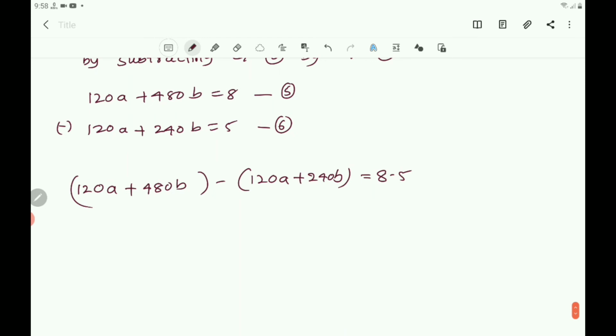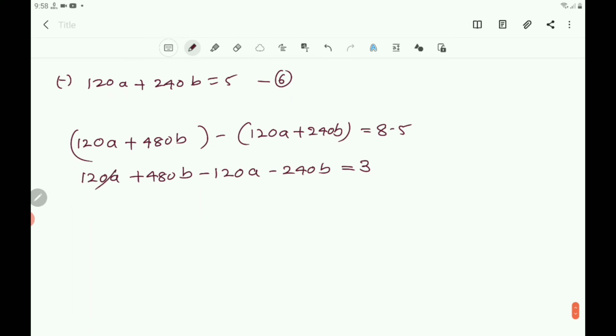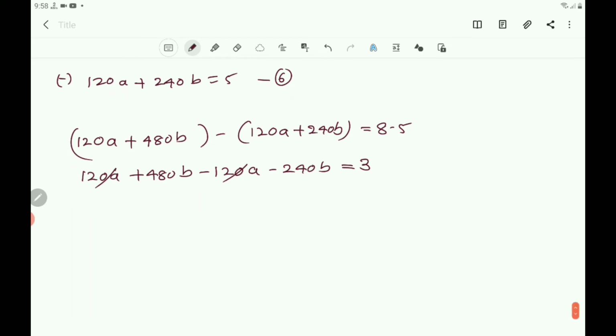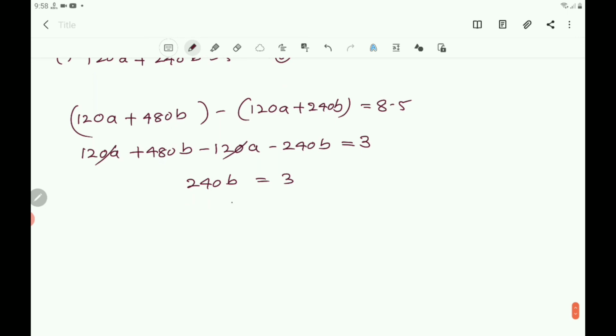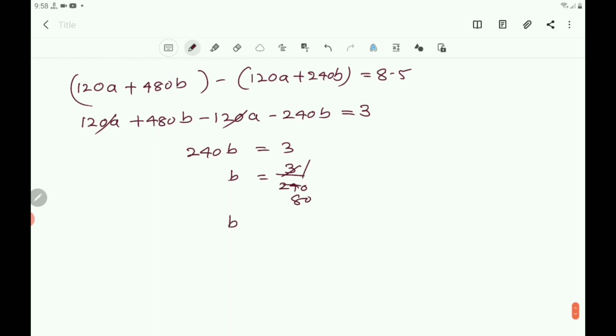Open the bracket: 120a plus 480b minus 120a minus 240b equals 8 minus 5, which is 3. Now 120a minus 120a cancels. 480 minus 240 is 240. So 240b equals 3, and b equals 3 by 240. That is 3 ones are 3, 3 80s are 240. So you got b equals 1 by 80.